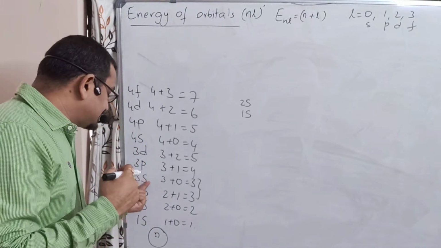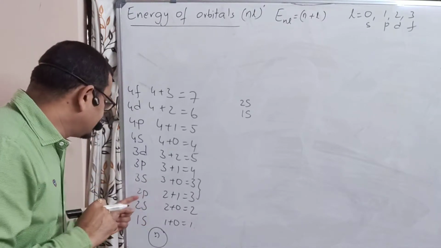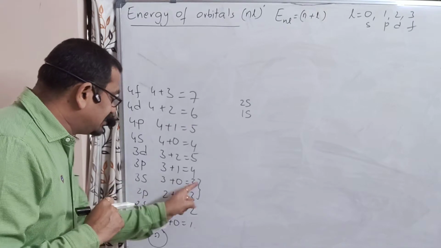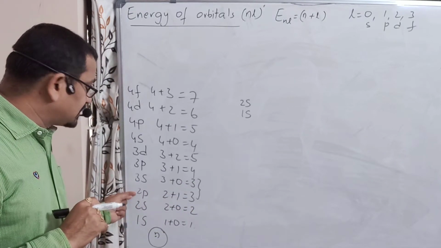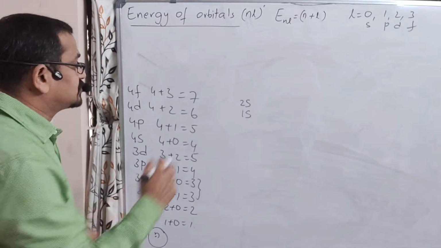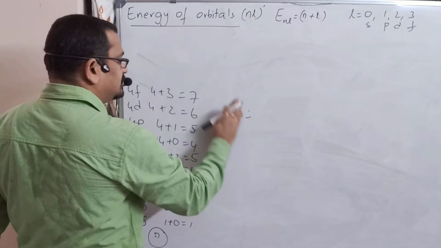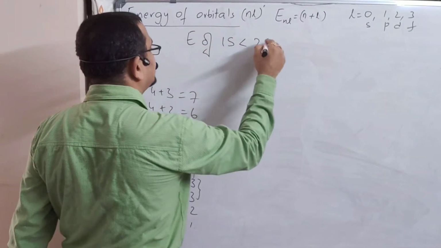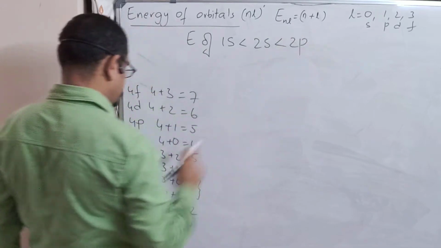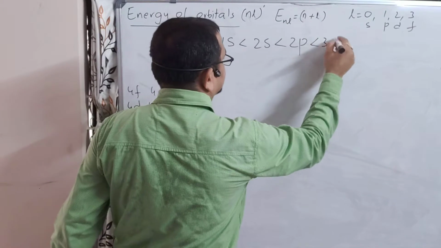For 3s the principal quantum number is 3, for 2p it is 2. These two have the same energy, so you have to give preference to the lower principal quantum number, that is 2. So the energy of 1s is less than 2s, less than 2p, and after 2p the next least energy orbital is 3s.